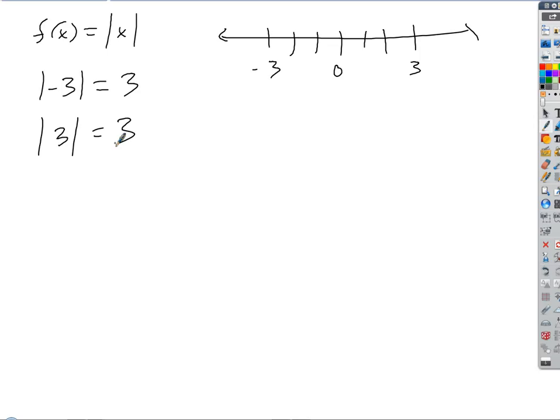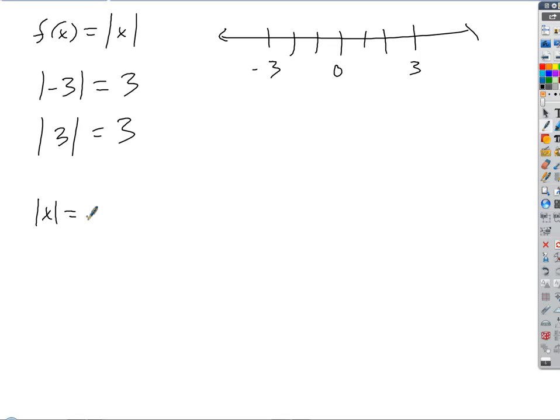So we can look at the absolute value function then. There's really two ways we can look at this. We can look at it kind of functionally. Does anybody remember what the functional definition of absolute value is? If I want to write down the function that actually produces this behavior, remember what it was?